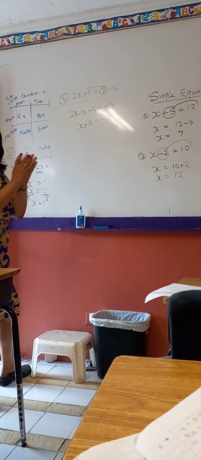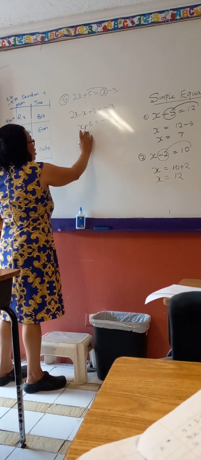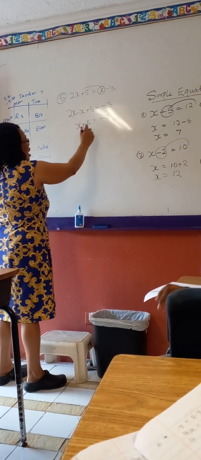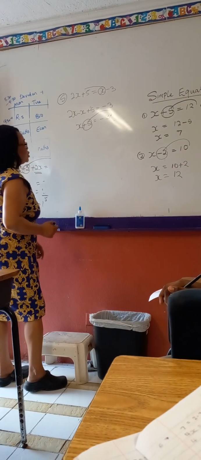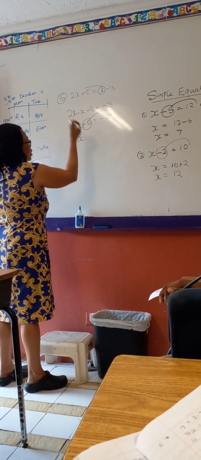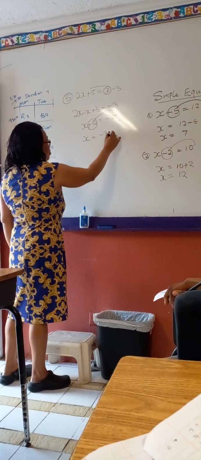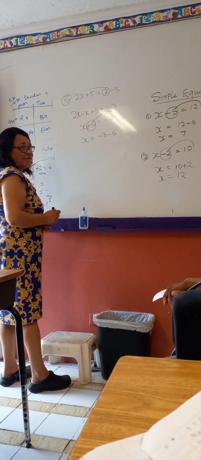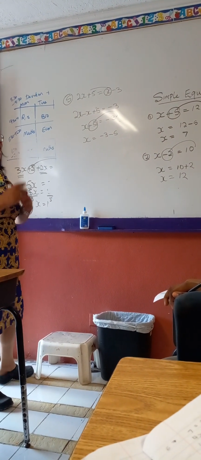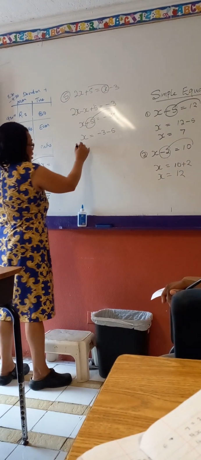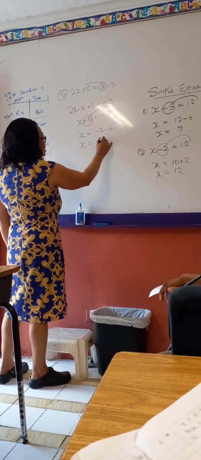So I've worked out my x. Now I'm going to work out the number. Here I have a plus 5. I'm going to have to take this plus 5 over to this side, and it is going to become a minus. So I have x equals minus 3 minus 5. What do I do when I have two negatives? I add them and the answer is going to be a negative. So this becomes x equals negative 8.